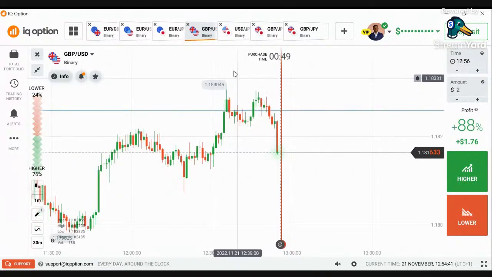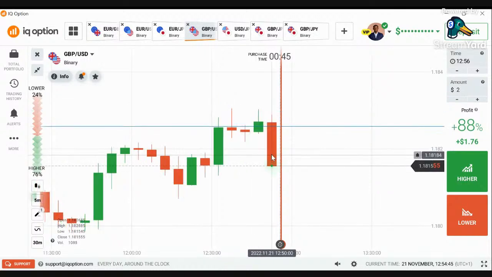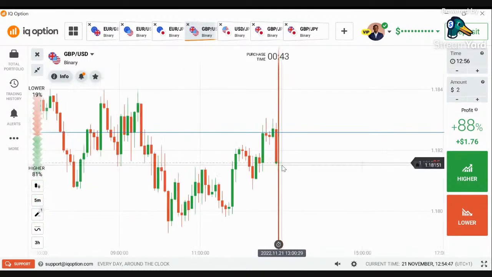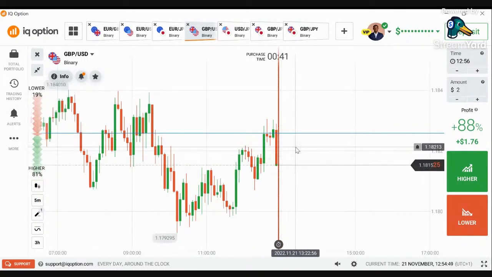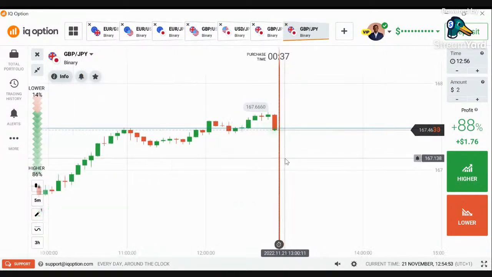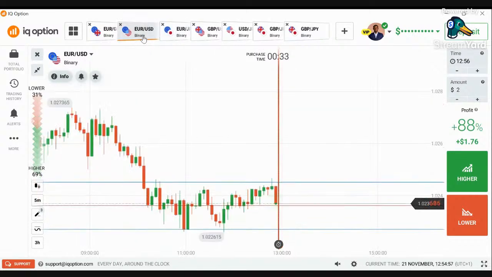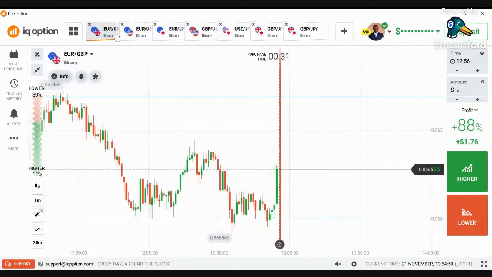I think the same thing is happening on GBPUSD. Interesting. So as we're entering the New York session, the market is giving us serious movement now. I told you this is almost 1 p.m., so we're going to see more fast movements in the market.